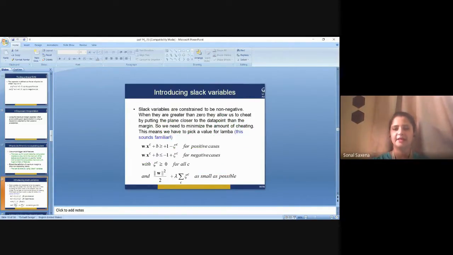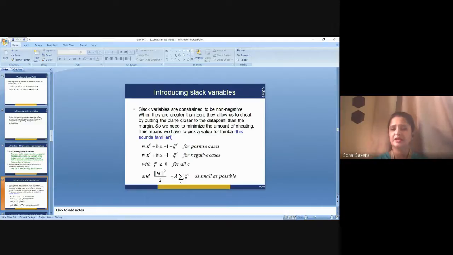Now, what exactly are slack variables? Understand this. The slack variables are constrained to be non-negative, right? Now, when they are greater than 0, they allow us to cheat by putting the plane closer to the data point than the margin. So we need to minimize the amount of cheating in this case.